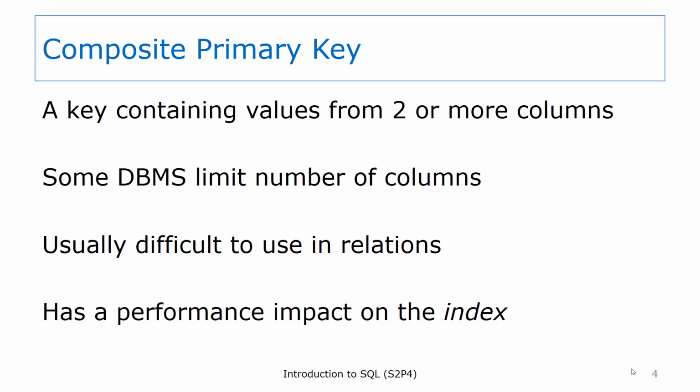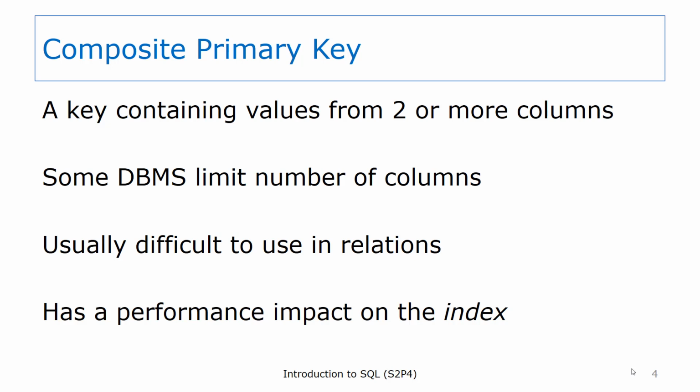Composite primary keys have some problems. As you saw, you may have to keep combining columns until you get to a key that will give you the ability to uniquely identify a row. Some database management systems limit the number of columns that can be used in a composite key.